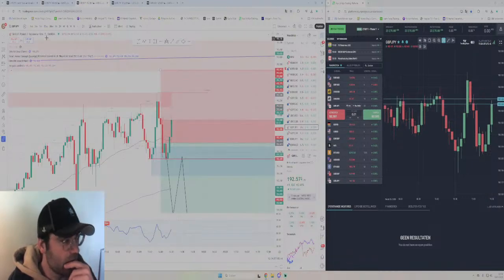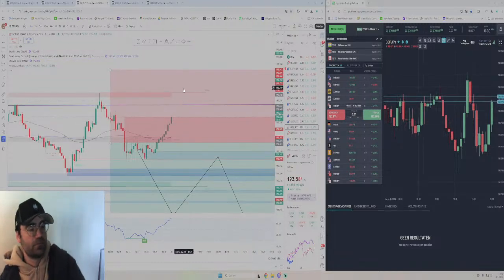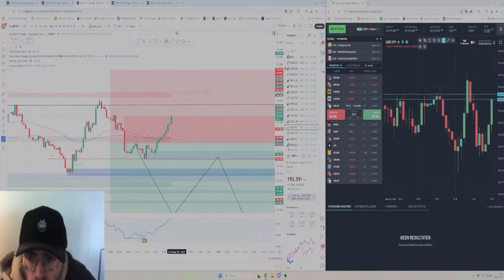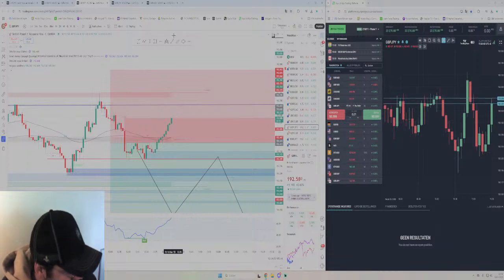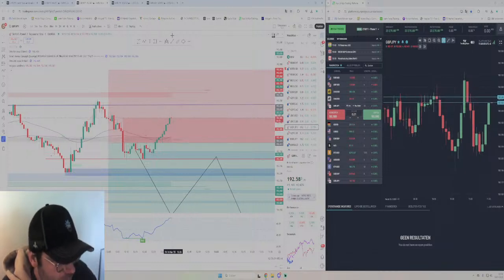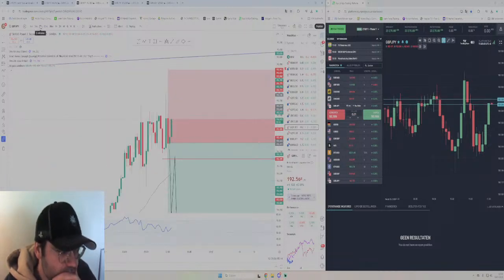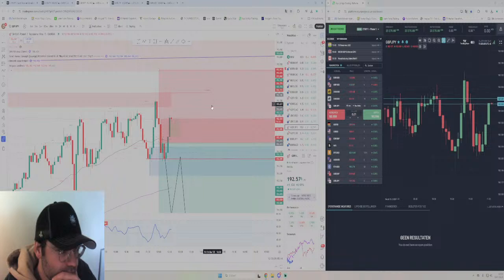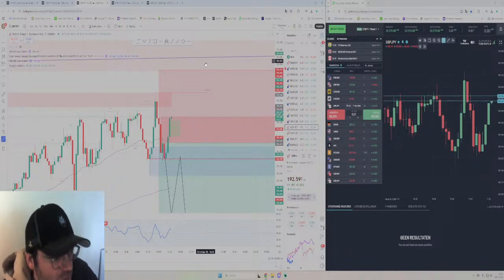If it fails to break here, that would be great. It would be around here. Around this area is where I would like a rejection.